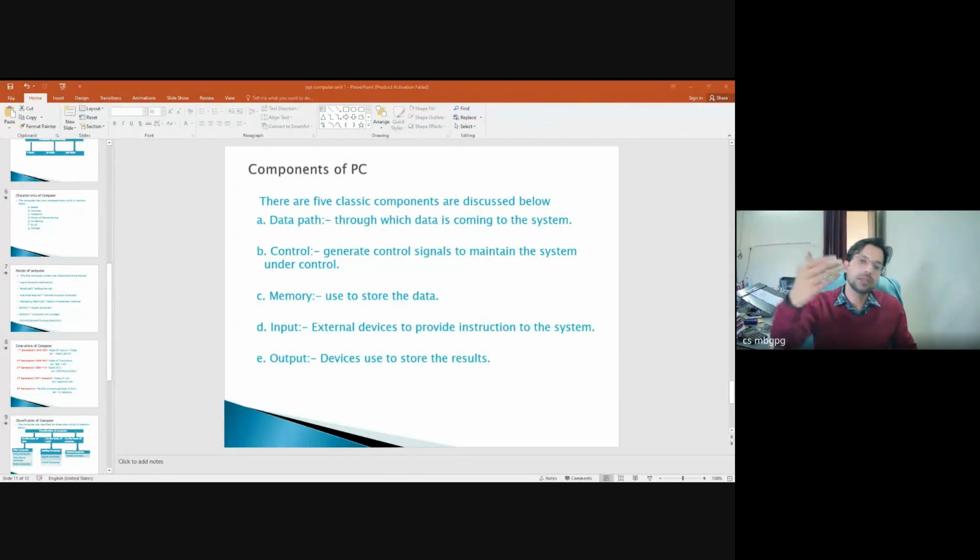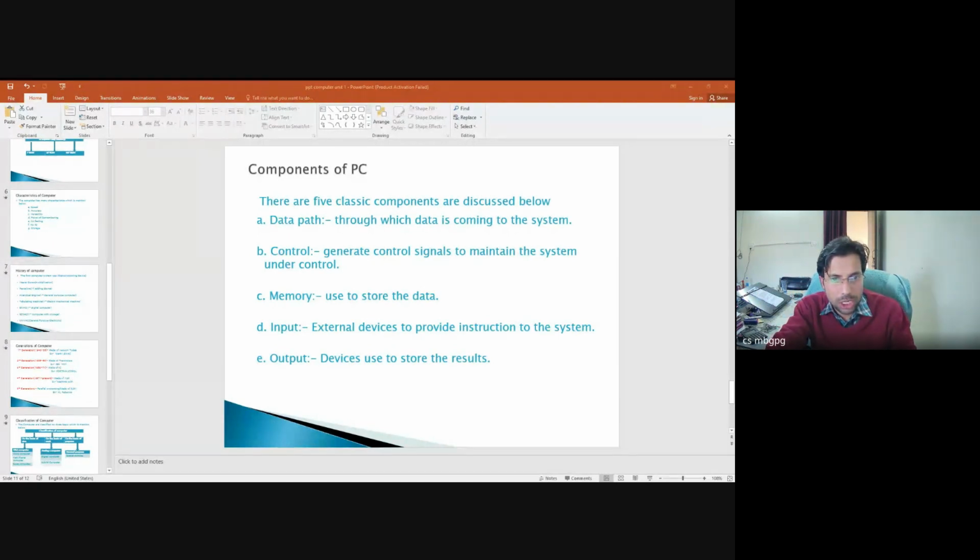According to access time and cost per bit of storage, we have designed a memory hierarchy that includes registers, cache memory, primary memory, and secondary memory.